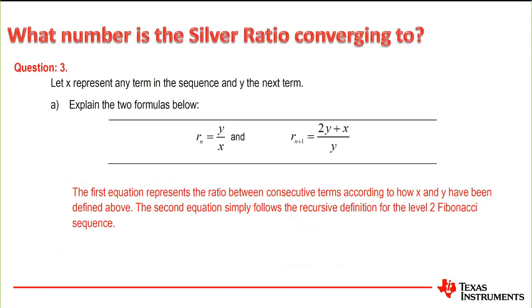Students are asked, okay, so what's happening with these formulas? The rth term equals y over x, and the (n+1)th term equals (2y plus x) divided by y. Well, the first one, of course, represents the ratio between any consecutive terms, however x and y might be defined. And the second one shows how we've defined it in particular for this level 2 or silver Fibonacci sequence.